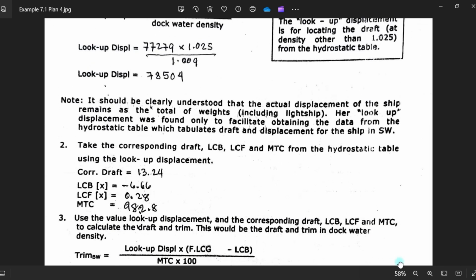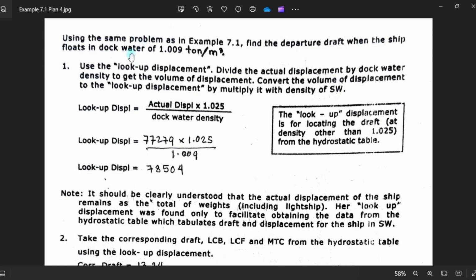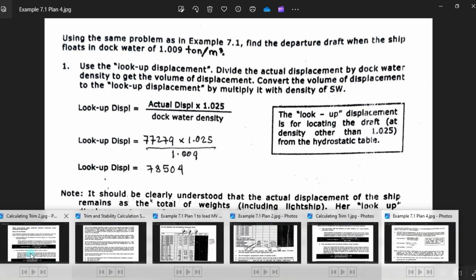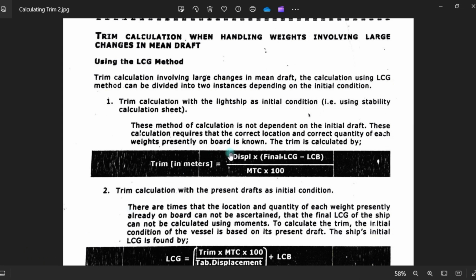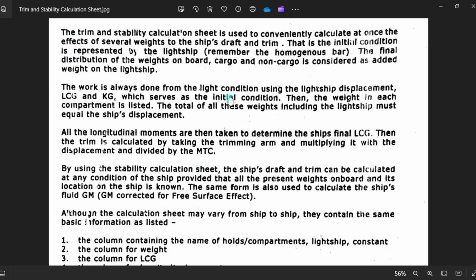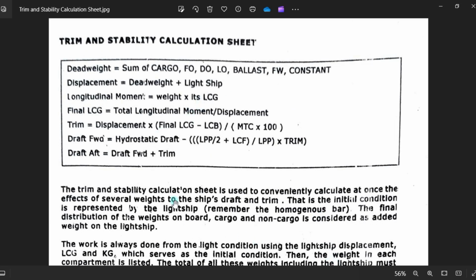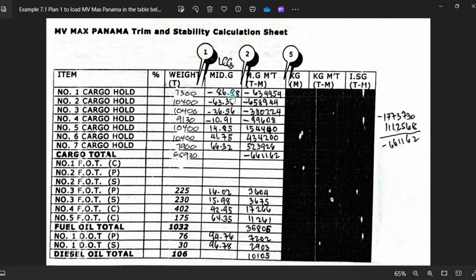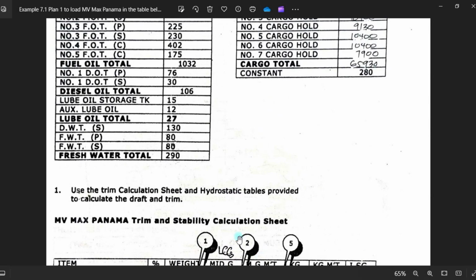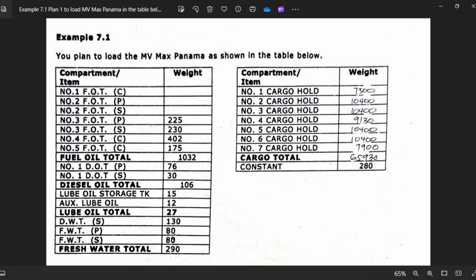So you just read all these things, guys, and follow what is written here. Start from here, and from here, this one, and you just follow this one, guys. Take note. I will put this one in the later part of the video so you can follow.